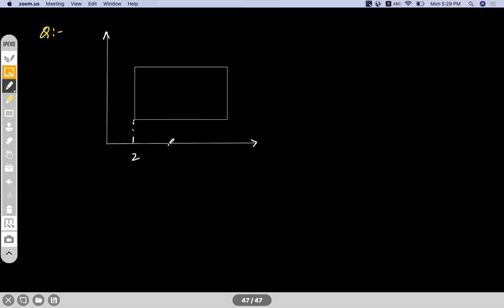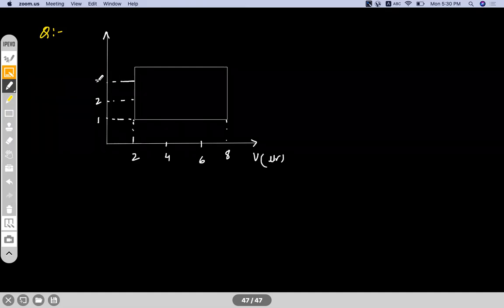This is 2, 4, 6, and this is 8. This is volume given in liter. 1, 2, 3, 4, pressure in atm.